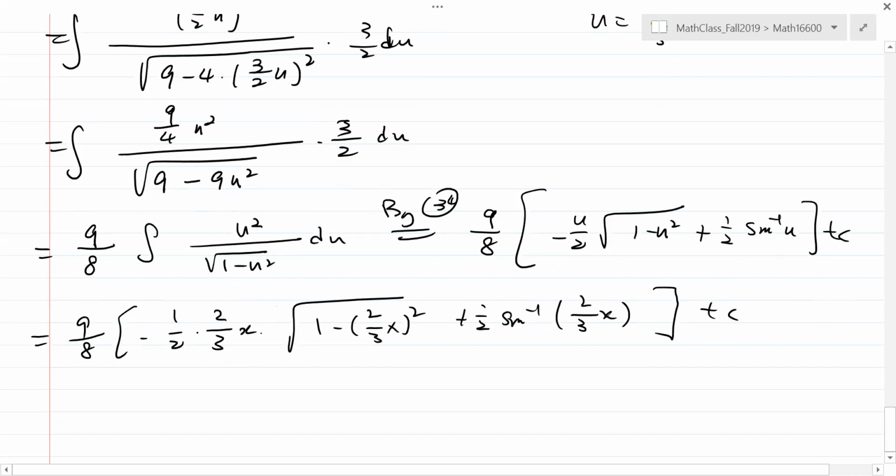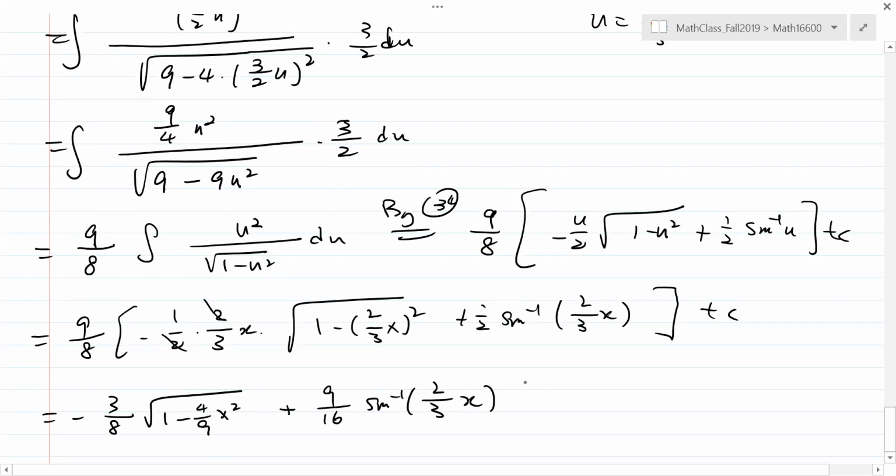Right. And simplify a little bit. I think the first term will be 3 over 8, 1 minus 4 over 9 x squared, and multiply this out, and 9 over 16 arc sine of 2 over 3 x, plus constant. It's pretty complicated, but you can stop there using the integral.